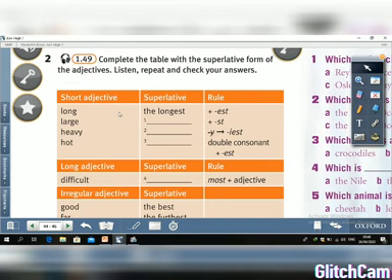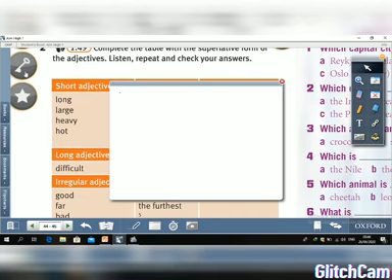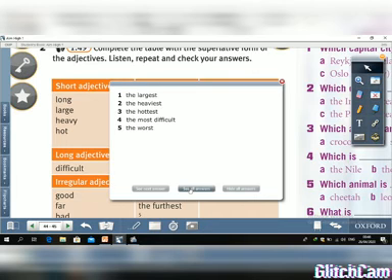These are short adjectives. What about the long adjectives? Difficult, exciting, intelligent become the most difficult. And what about irregular adjectives? Good becomes the best, far the farthest, and bad becomes the worst. Let's check our answers. The largest, the heaviest, the hottest, the most difficult, the worst.